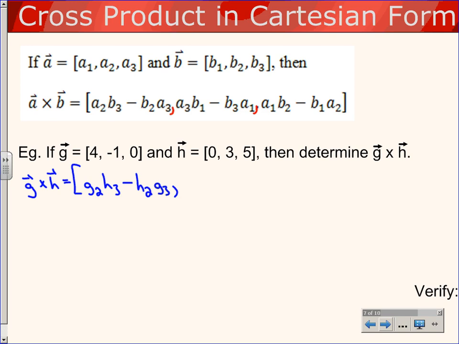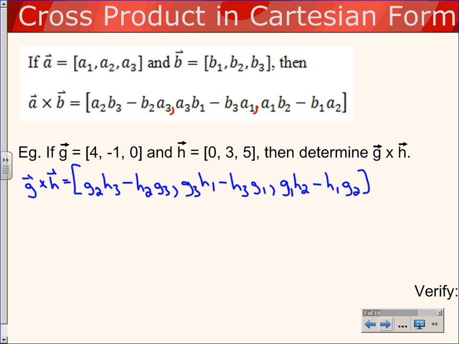And then the next one is G3 H1 minus H3 G1. And then finally we have G1 H2 minus H1 G2. That's the formula written for vectors G and H.